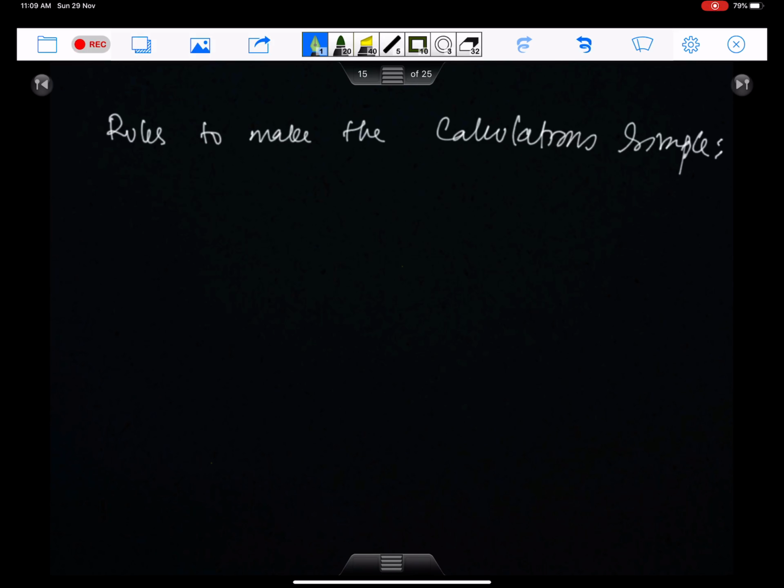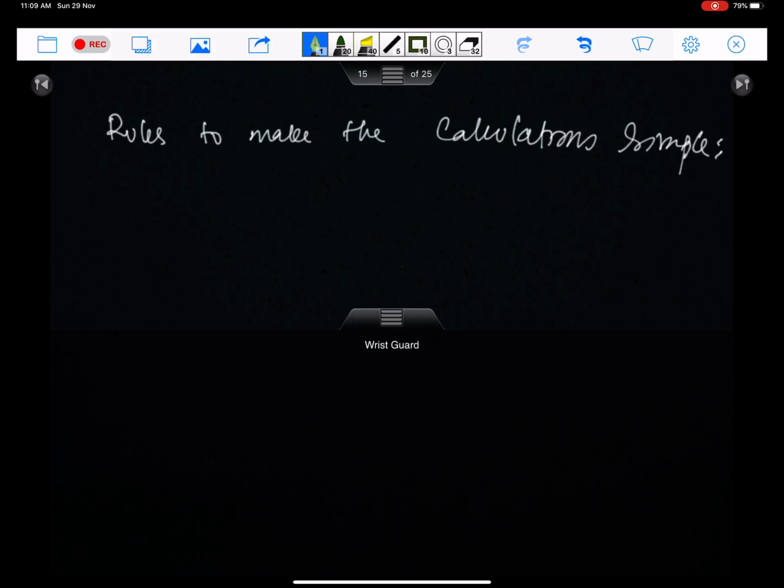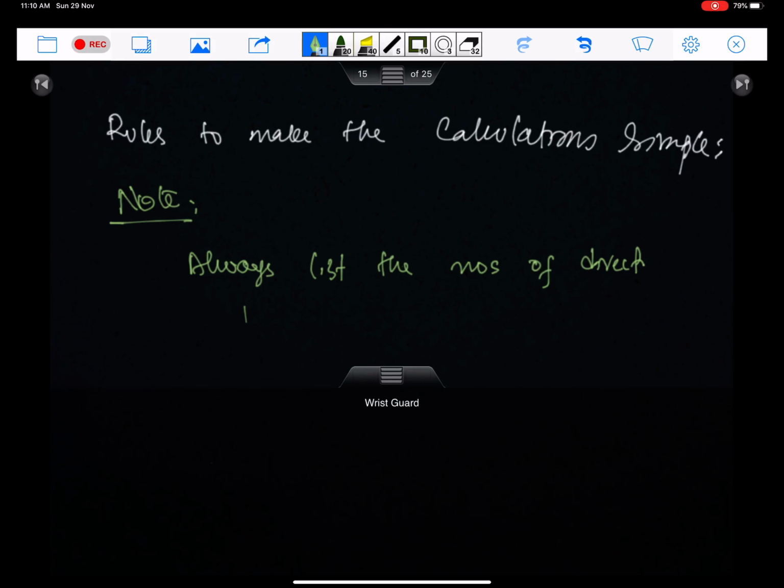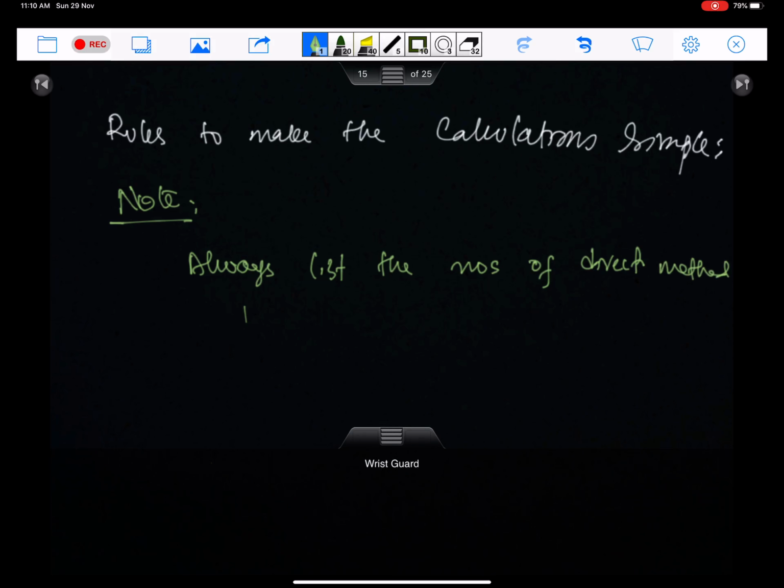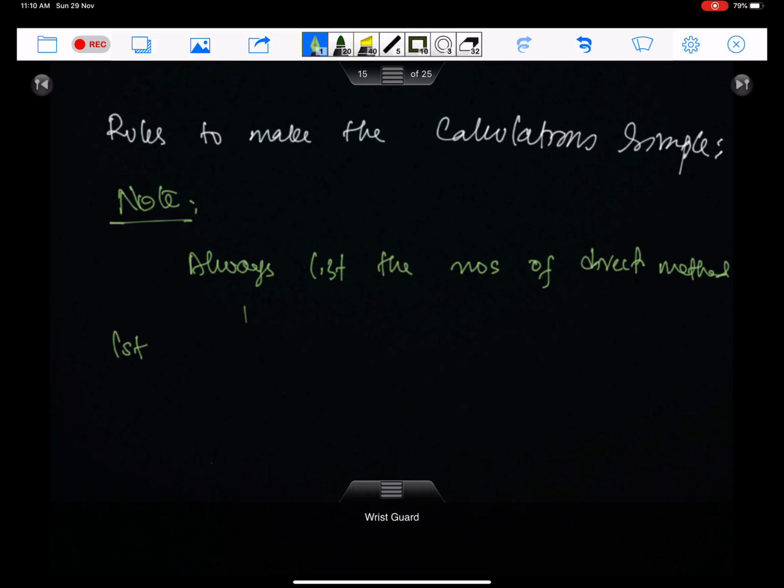So we have discussed the rules to make the calculation simple, and the hint is: always list the numbers of the direct method first, and then list the numbers for the indirect method.